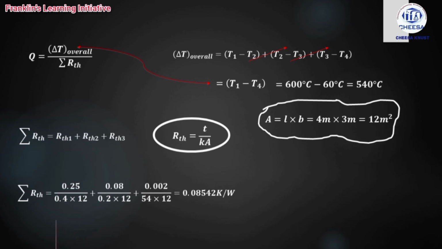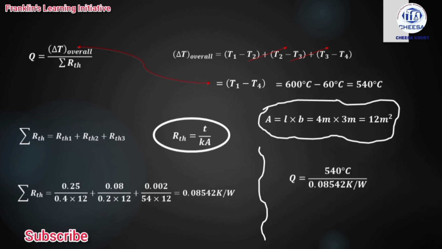So we have the overall thermal resistance to be 0.08542 Kelvin per watt. Now we have the overall temperature difference and the overall thermal resistance. We just divide the temperature difference by the resistance. That gives us the amount of heat transfer to be 6,321.70 joules.